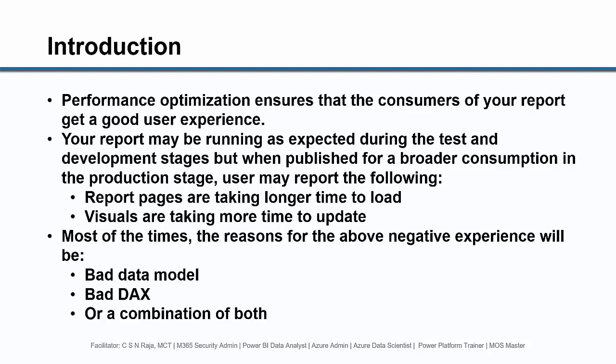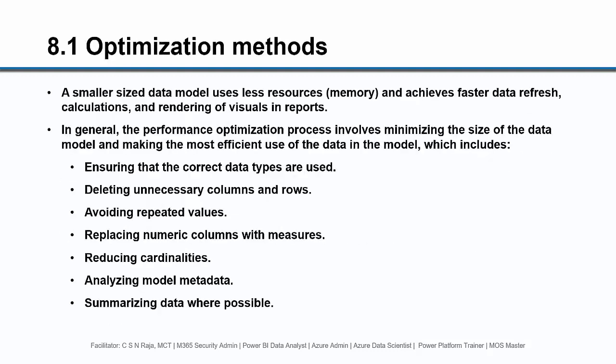Most of the time, the reasons for these negative experiences will be a bad data model, bad DAX, or a combination of both. A smaller sized data model uses fewer resources and achieves faster data refresh, calculations, and rendering of visuals in reports.